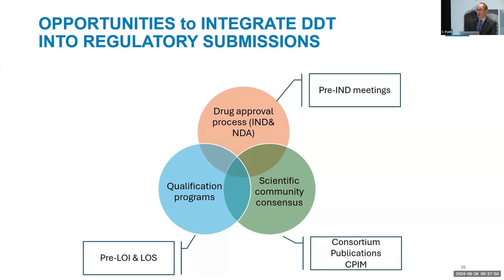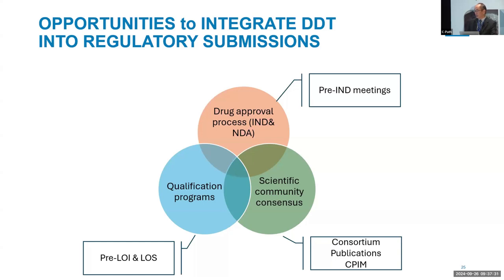And of course, we have very strong scientific community consensus built by consortia, NIH, and all academic efforts, and they contribute a huge amount of effort and value to regulatory review. We always accept and review scientific publications and standard creations through this process.